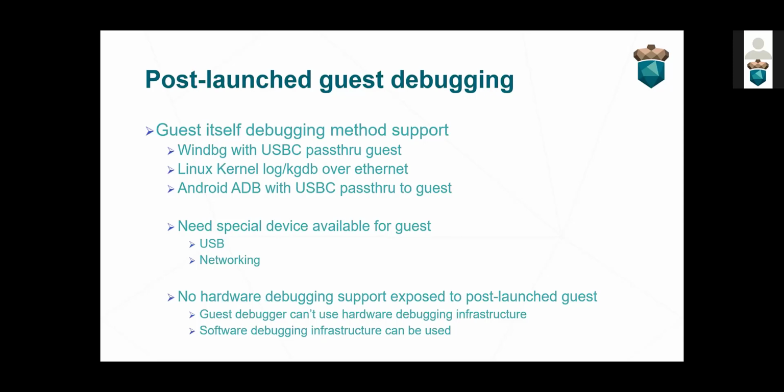But in some cases, you can only use the hardware breakpoint to do that, especially when the code is write only, something like that. But in the post-launch guest of ACRN, you cannot use the hardware breakpoint. But the software debug structure still can be used.